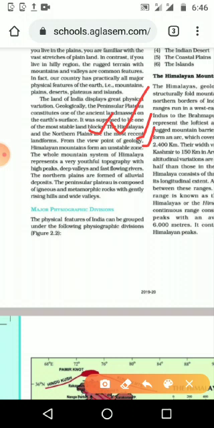It came and touched the bigger landmass, and the area was erected, and like that the Himalayan ranges formed. Then the whole mountain system of Himalaya represents a very youthful topography with high peaks. It means it is very new, in its youth age. That's why we can see many peaks also.